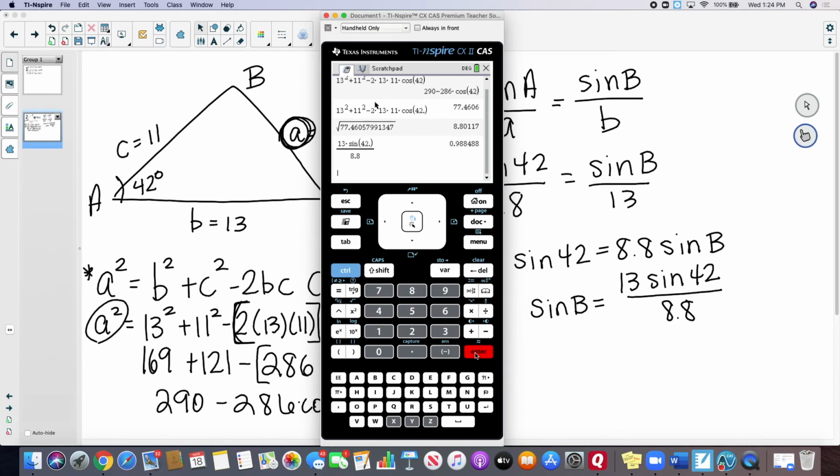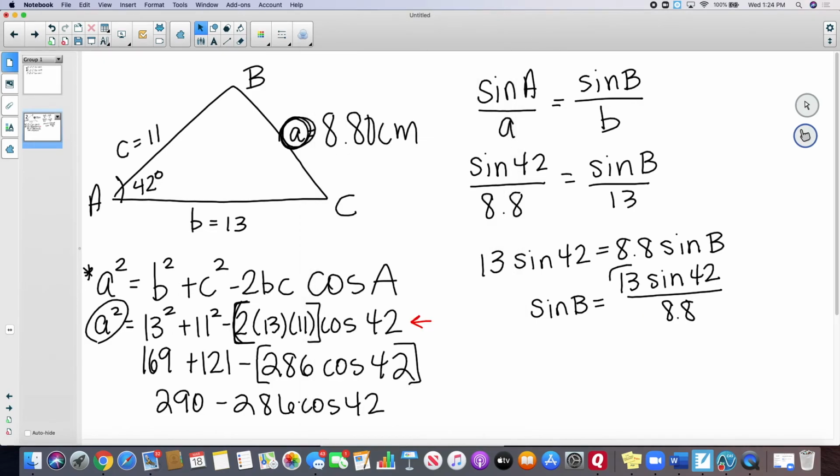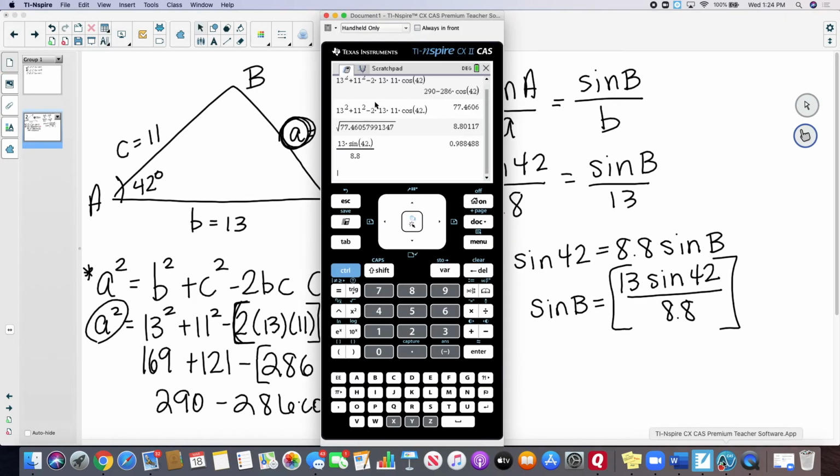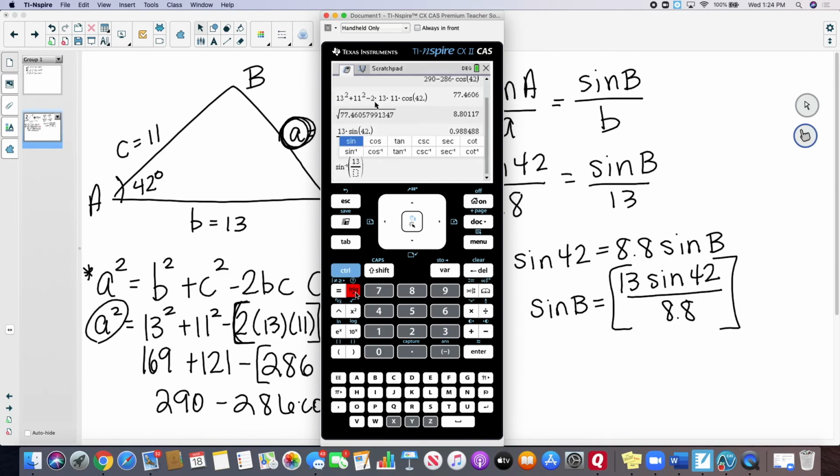Okay, I typed this in, but I did not type in inverse sine. And I'm looking for an angle measure. So let's go back. Type inverse sine first because we're looking for an angle measure. Then do control divide 13 sine 42 over 8.8. You go to the inverse sine because we're looking for an angle measure.